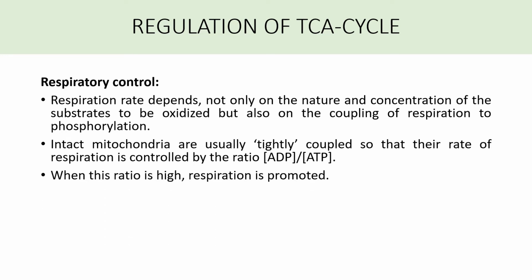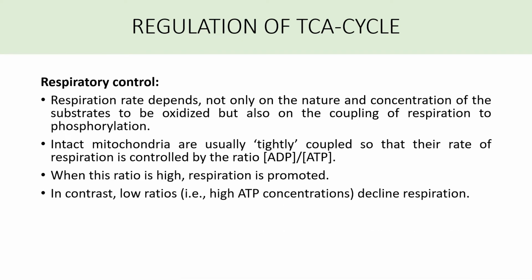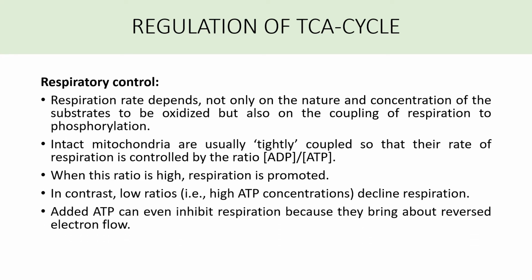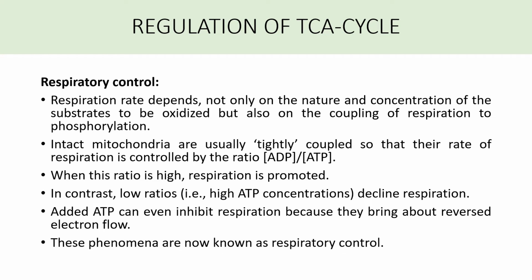When this ratio is high, respiration is promoted. In contrast, low ratios, where high ATP concentration is there, decline the respiration. Added ATP can even inhibit respiration because it brings about reverse electron flow. These phenomena are now known as respiratory control of the TCA cycle.